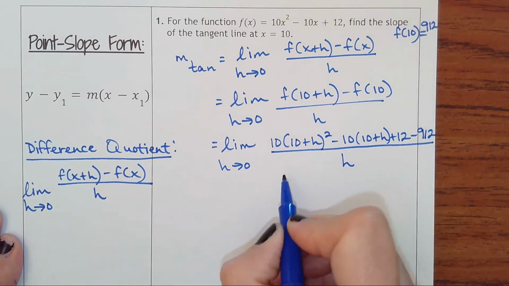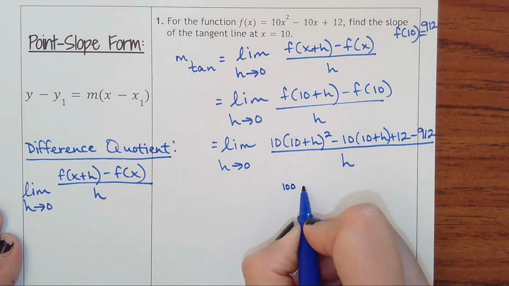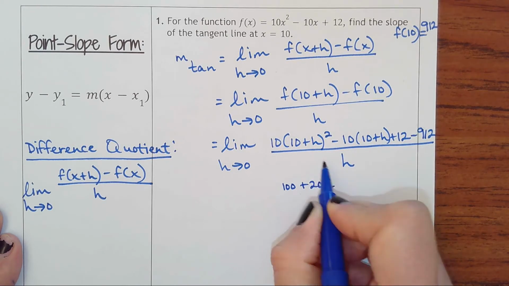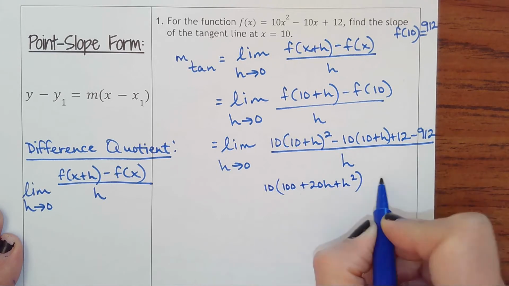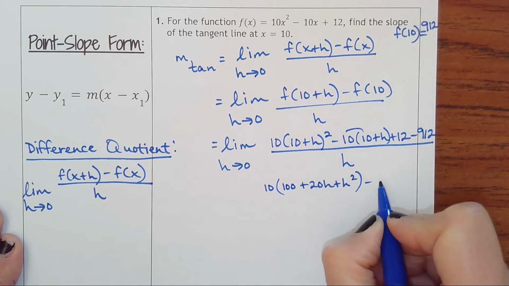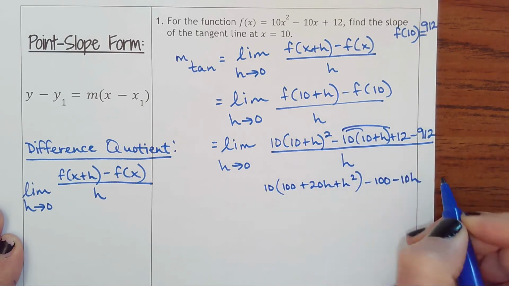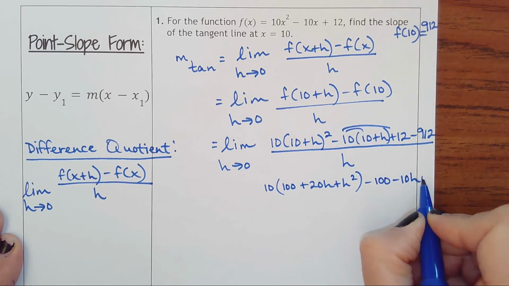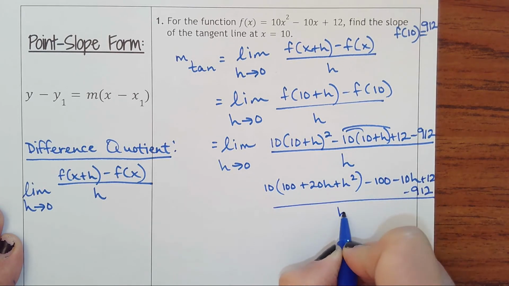10 plus h quantity squared, that would be 10 squared is 100. 10 times h is 10h, doubled would be 20h, plus h squared. Distribute the negative 10 to the 10 plus h, that'd be negative 100 minus 10h plus 12 minus 912 all over h.